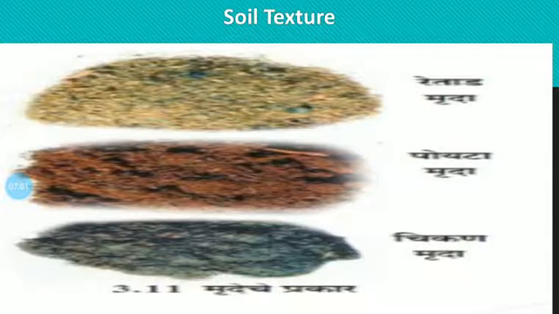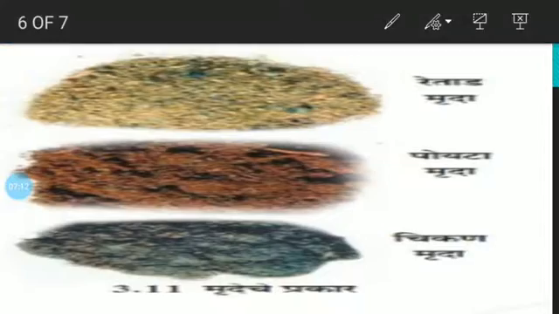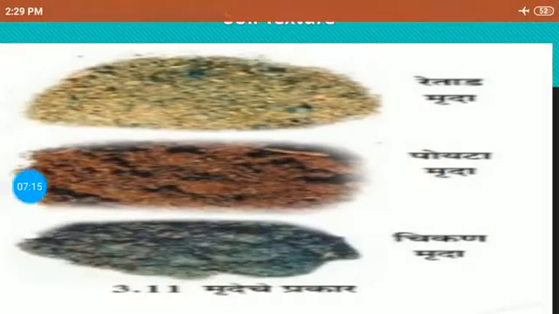Next type of soil is silt soil. The particles of silt soil are of medium size. Silt soil is not as ploughable as sandy soil.